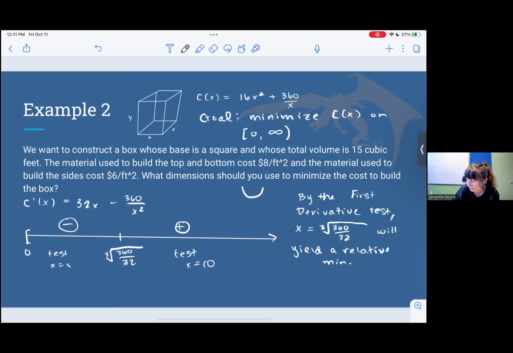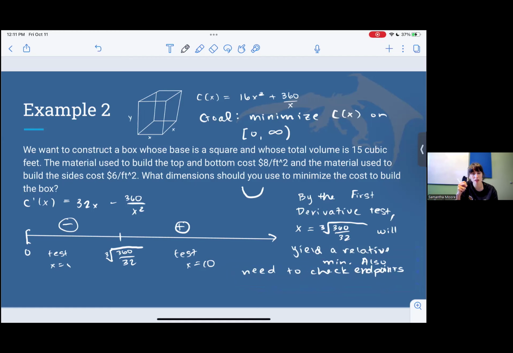We also need to check our endpoints. And so this is where we are going to check x equals 0.